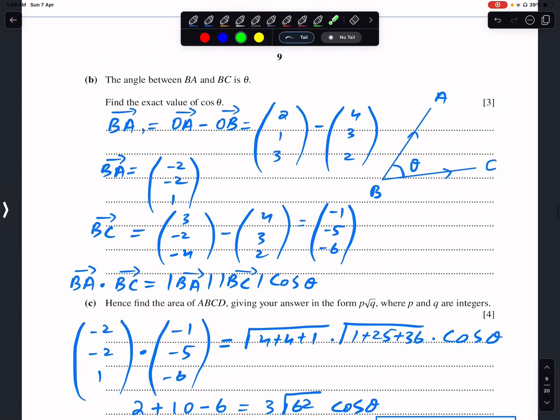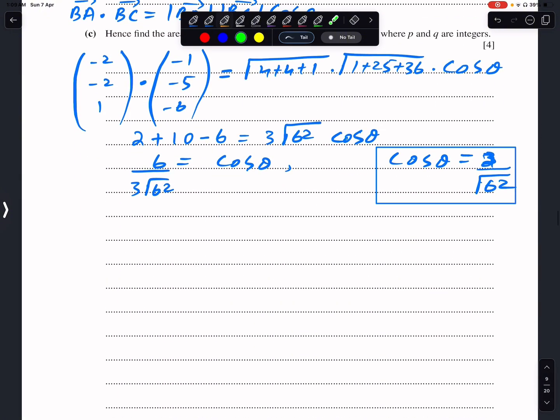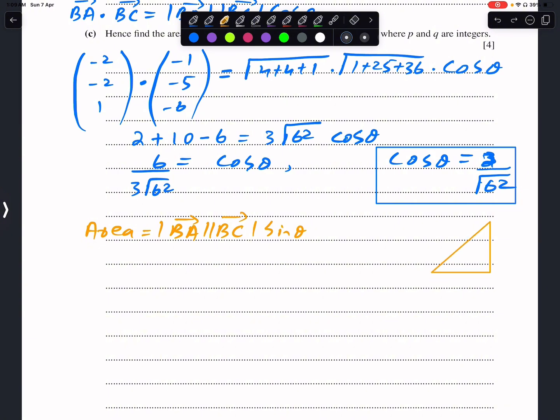So let's first write the area formula. Area is equal to BA times BC times sine of the angle between them, which is sine theta. Student, let's draw a right triangle so that you can easily find sine theta.